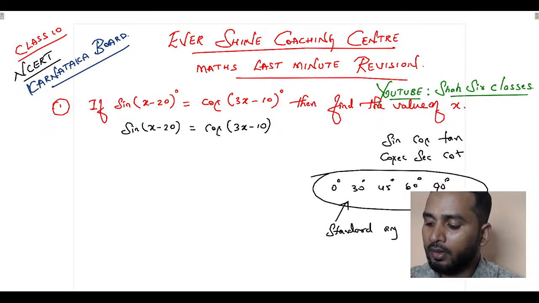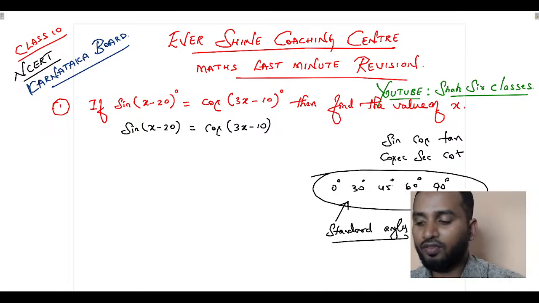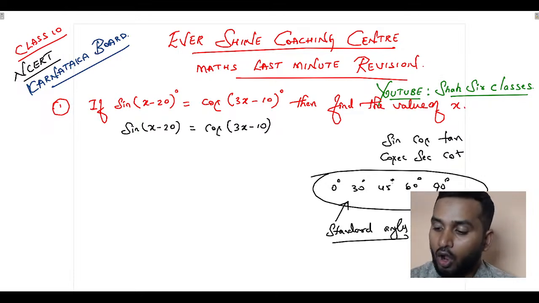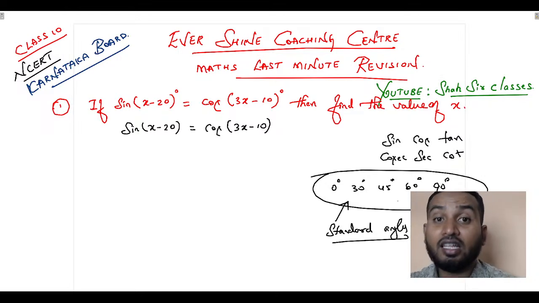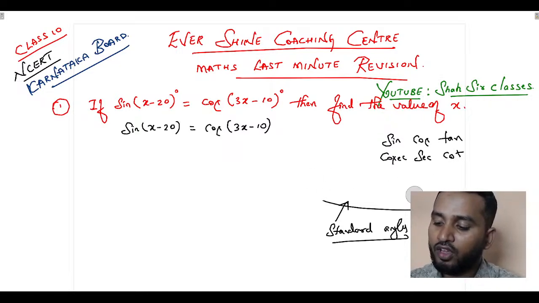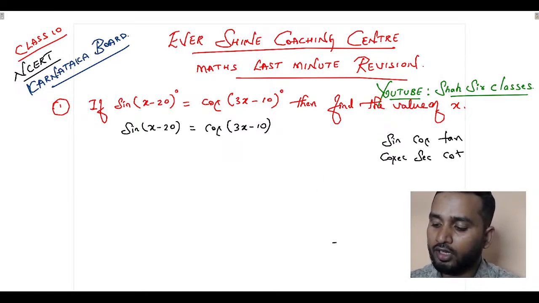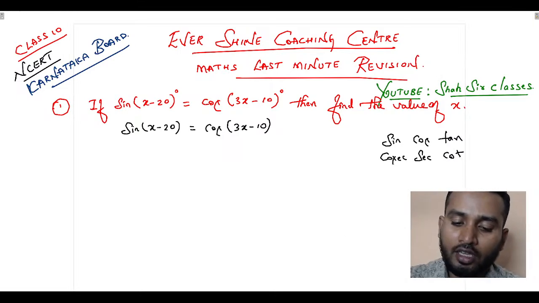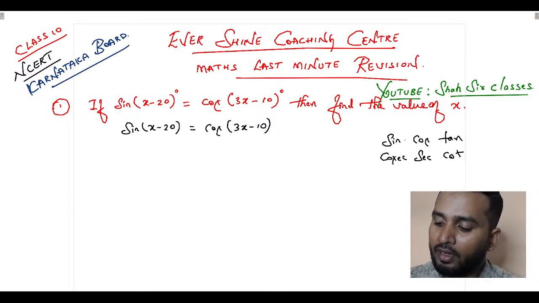We use the trigonometric standard angles table to find the values of these 0, 30, 45, 60 and 90. Got it? Now if we get any other value out of these, then we use trigonometric complementary angles, and this is the logic to solve that.